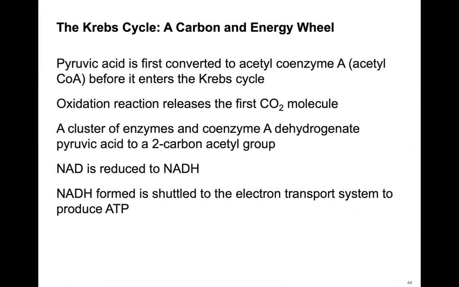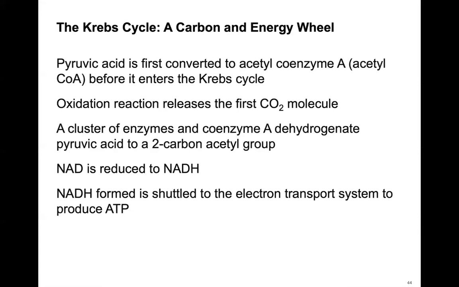And what's going to happen is you're going to go through a decarboxylation step, and we'll talk about that in a second. This oxidation reaction will release the first CO2 molecule, which is the decarboxylation of pyruvic acid. When you decarboxylate a molecule, you're removing a carbon dioxide. A cluster of enzymes and coenzyme A dehydrogenate pyruvic acid to a 2-carbon acetyl group.